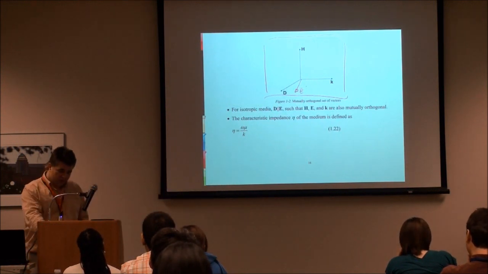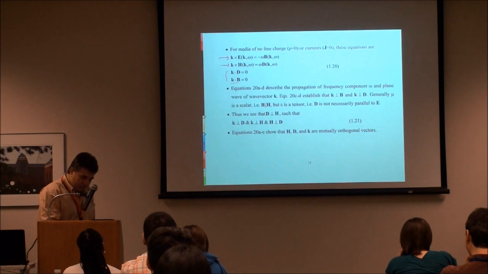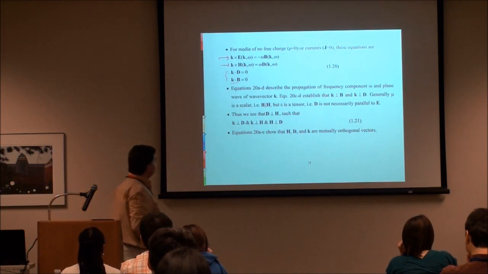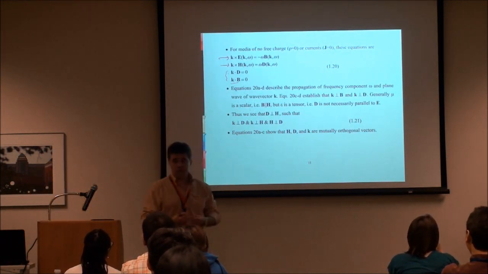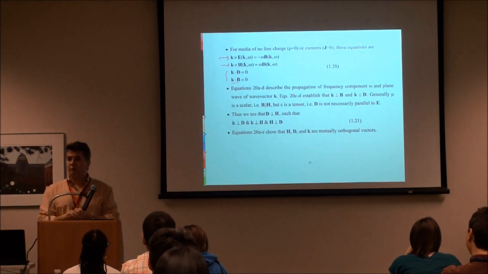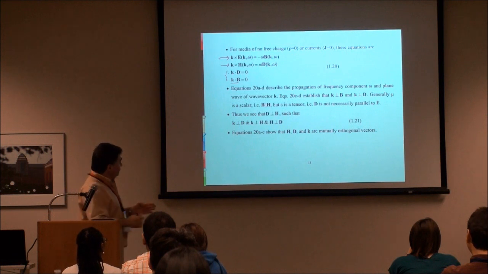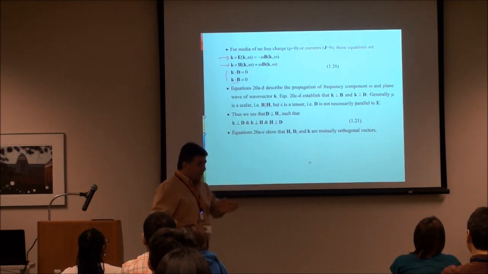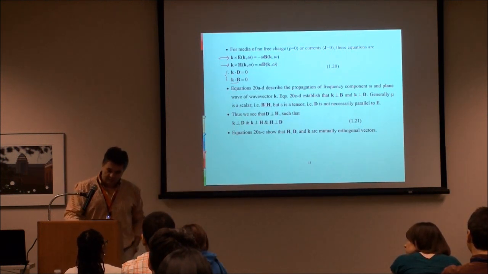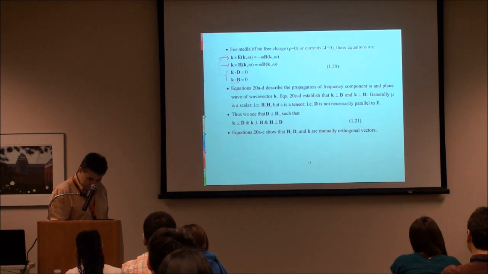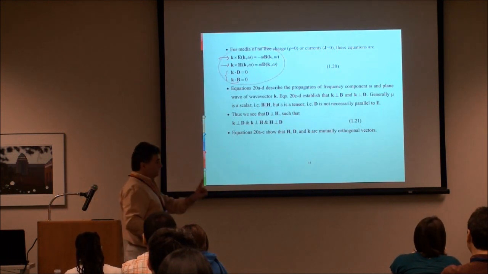Okay? So again, we got these orthogonality relations just by bringing the Maxwell's equations to k omega. So how do I think of the problem? Basically, if you give me a k, if you give me this plane wave going along this direction, this is what's going to happen. This is the k.